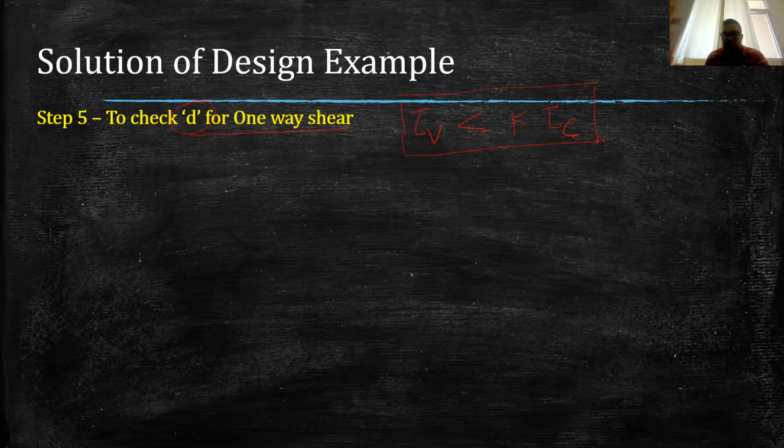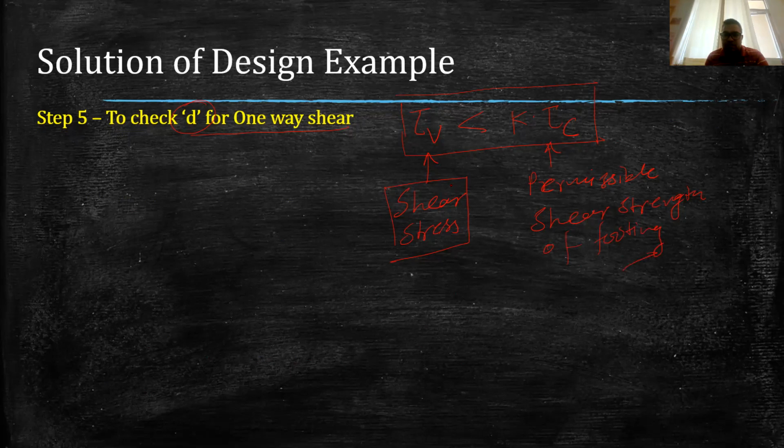If this condition is satisfied, we say that the D is safe for one-way shear criteria. Now, in this case, what is tau v? Tau v is basically the shear stress due to external load. Now, what is K into tau c? K into tau c is the permissible shear strength of the concrete footing.